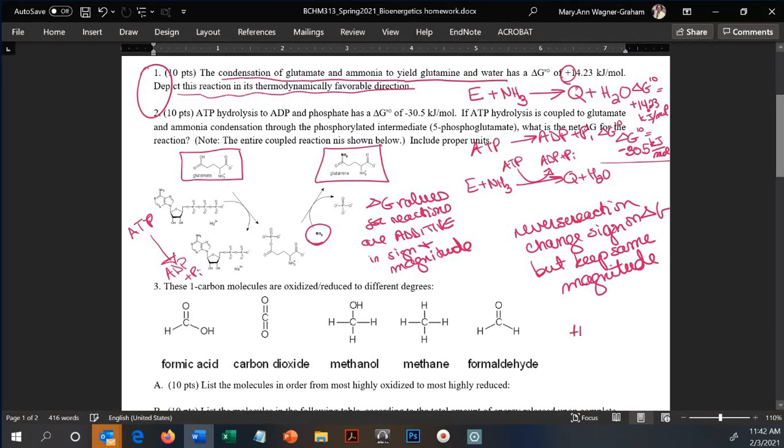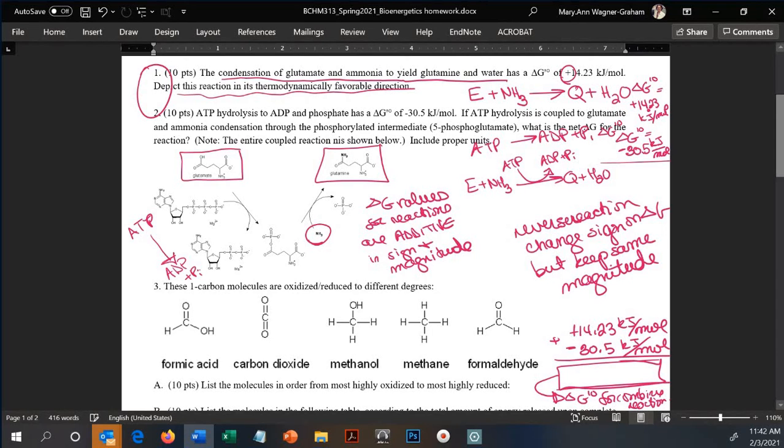If we have 14.23 kilojoules per mole, and then we have negative 30.5 kilojoules per mole, you do the math, and you're going to end up with the overall delta G prime naught for the combined reaction.